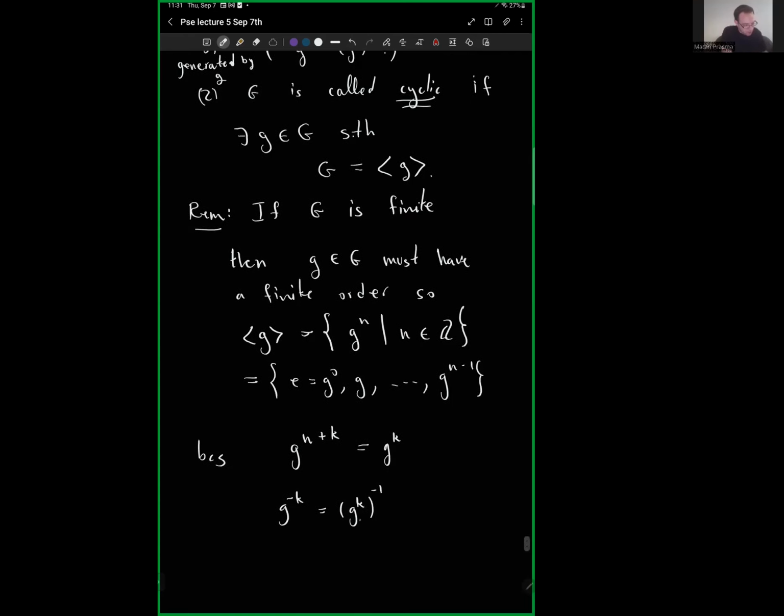But we saw that G to the k inverse is in fact G to the n minus k. If you multiply two of these, you get G to the n, which is E. So in the case of a finite group, I could express the group generated by G in only the non-negative powers instead of taking powers over all integers.